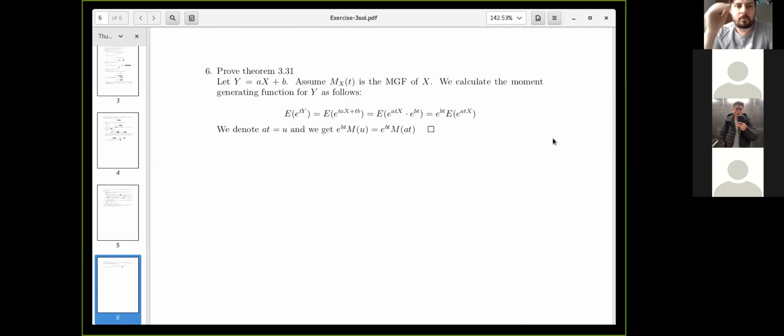And we get this product. We take this out because this is a constant, so we can take it here times the expected value of this. We use at as u. So we get here e to the ux, which means that it's mu. So it's e to the bt times M at.